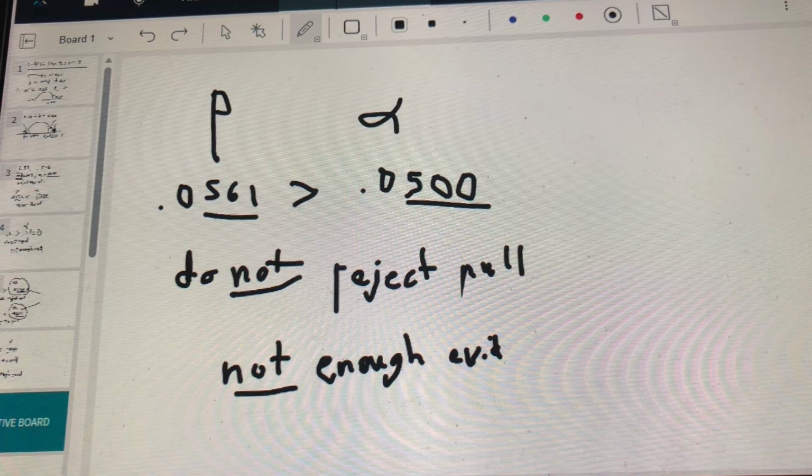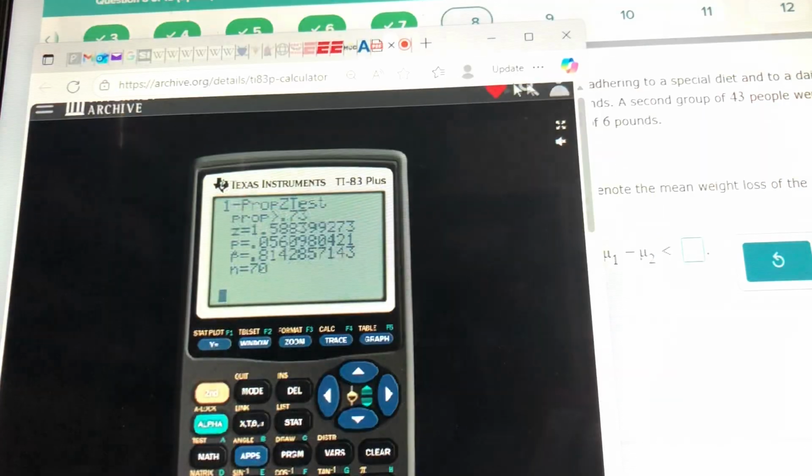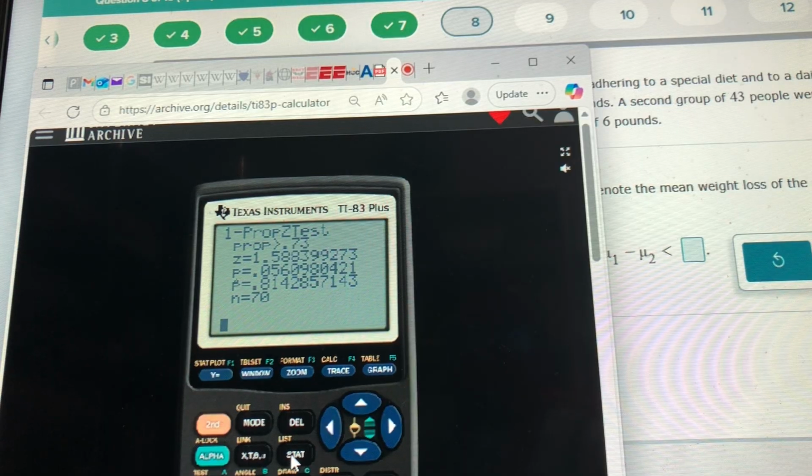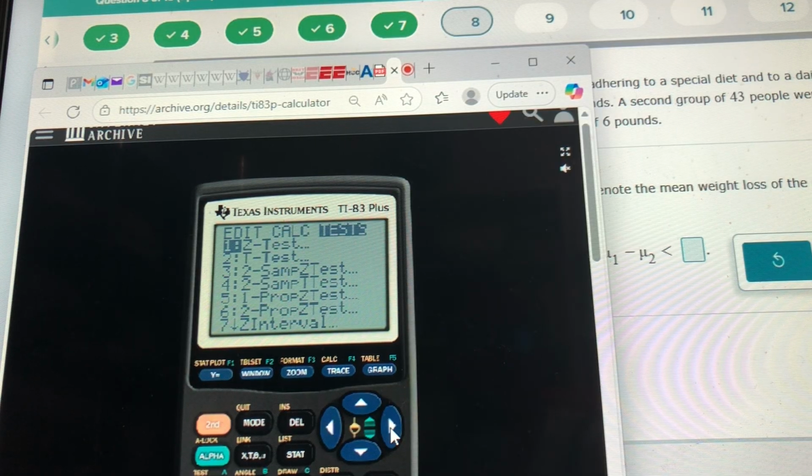If I come back here and make it visible, we did stat test. We've currently learned z-test, t-test, and one prop z-test. The 3, 4, and 6 we're going to learn in the next chapter.